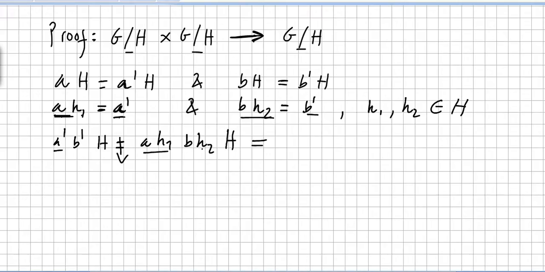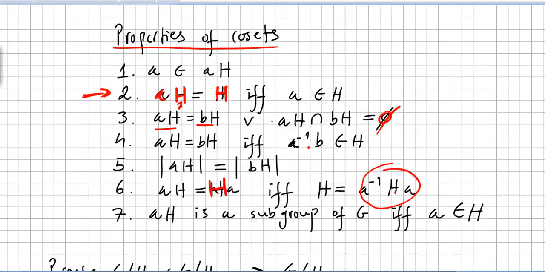Now in this step we have to go back to, I'm going to use this second property, AH equals H if and only if A is an element of the subgroup.